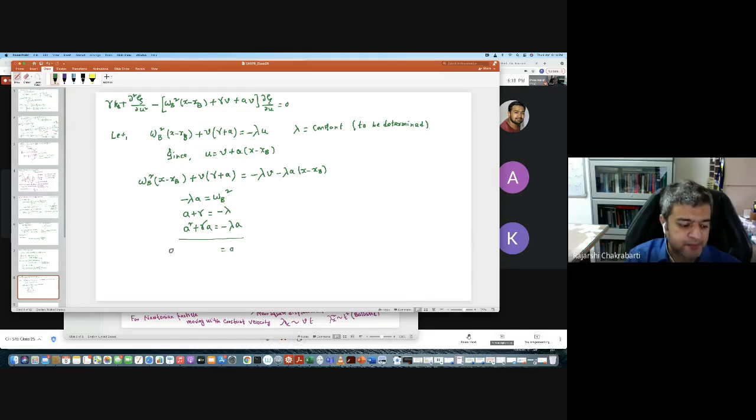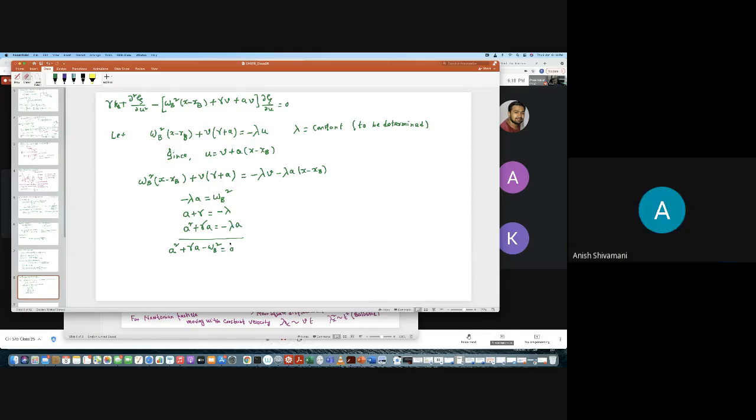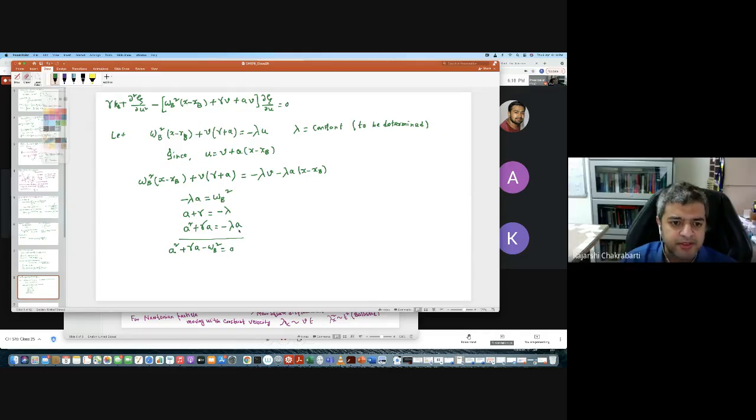You just get rid of lambda and you get this quadratic equation in a just by adding these two. Add this and this. This is called 1. You can see what I have done. A very simple thing actually. Just add this and this. Omega b square minus lambda a equals a square. So a square plus lambda a minus omega b square is equal to 0.